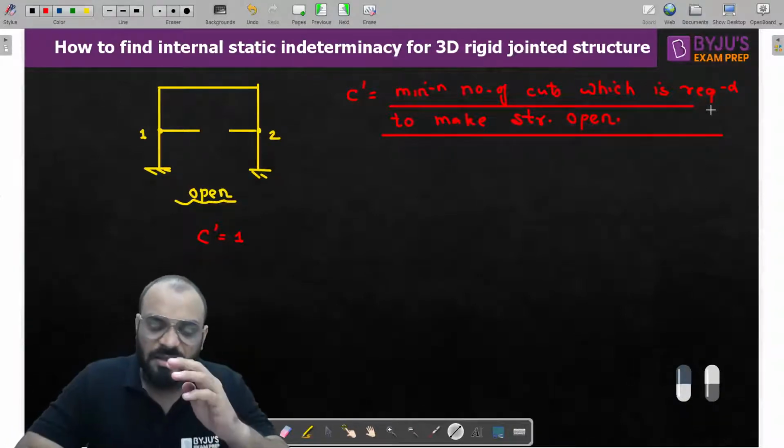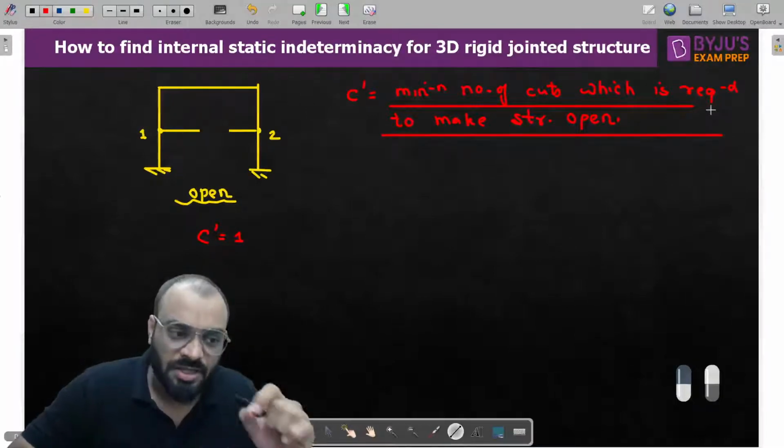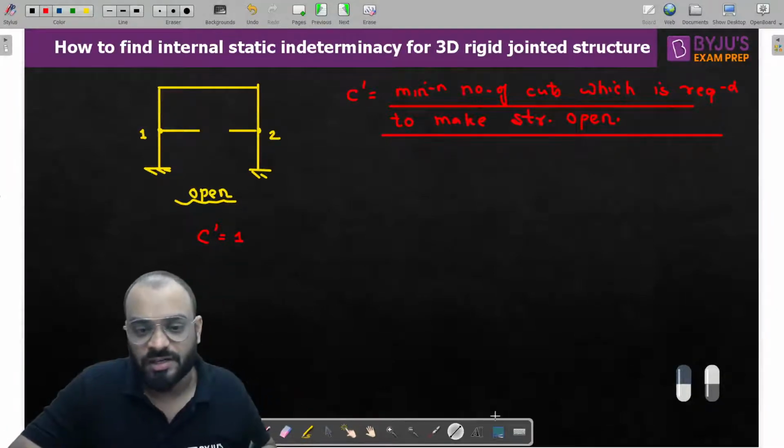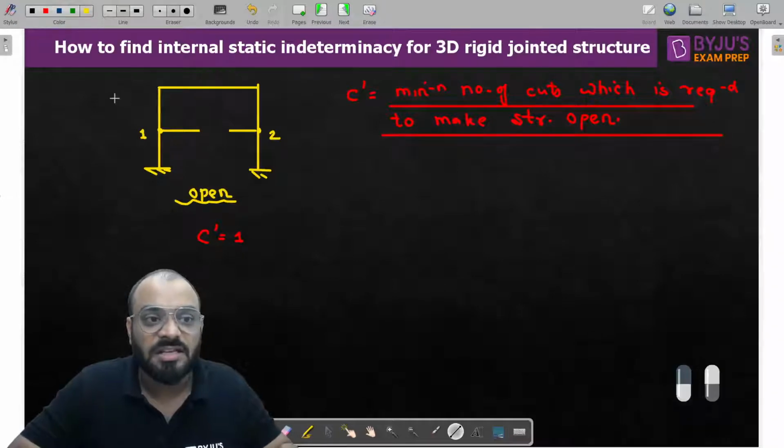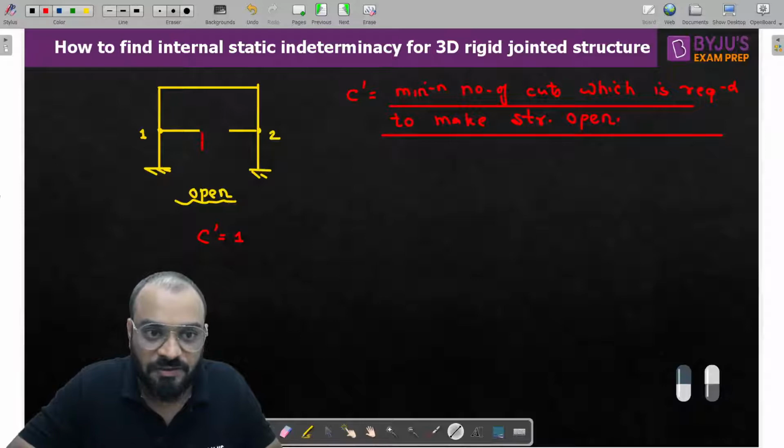Okay. Now tell me, guys, in case of a 2D rigid jointed structure, we know that there are 3 internal reactions which are present, correct? So you can see here, guys, if I draw 3 internal reactions, one is shear force, second is axial force, and the third one is bending moment, right?